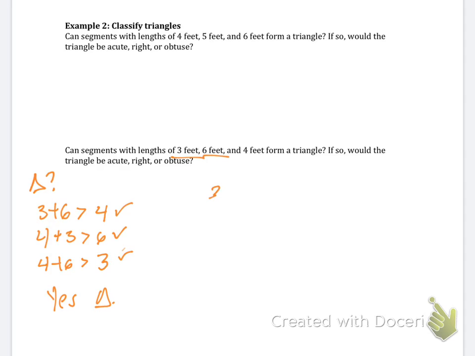So to make this easier, I'm actually going to put c squared on the right-hand side. A squared plus b squared. So c is always the biggest, so that's 6 squared. The other two are 3 squared and 4 squared. 6 squared is 36. 3 squared is 9.